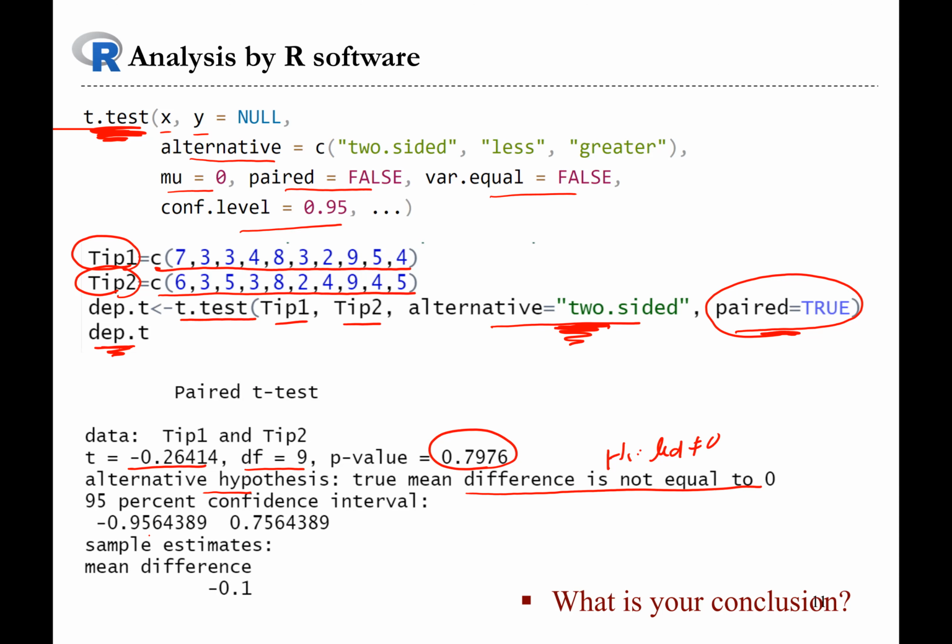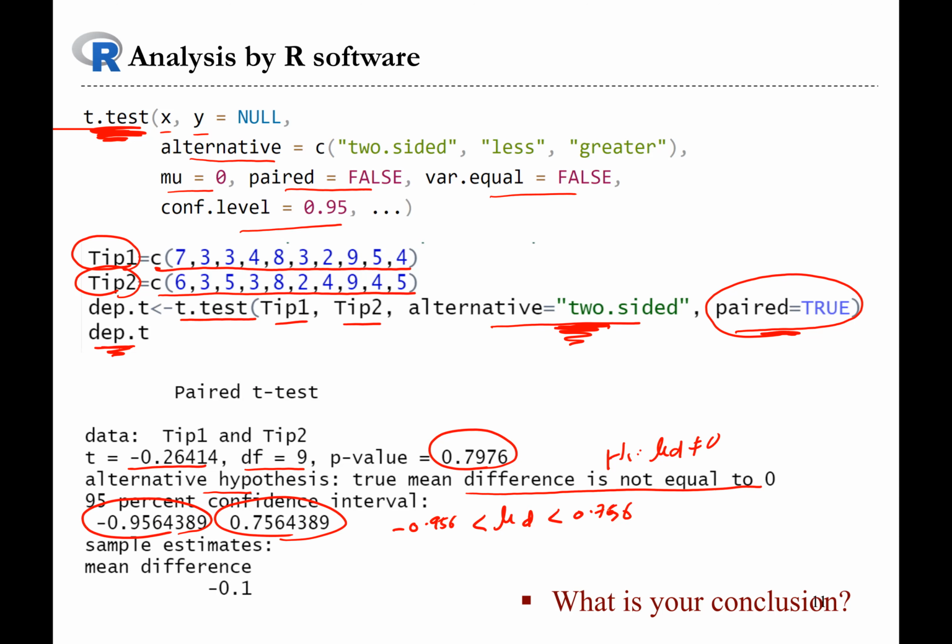It also gives me the 95% confidence interval, but we haven't calculated this one. It gave me the lower limit for mu d and the upper limit of mu d. So mu d is between these two values, negative 0.956 and 0.756. Can I use this one to do a test?